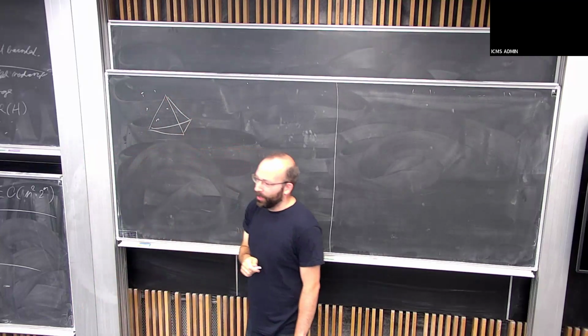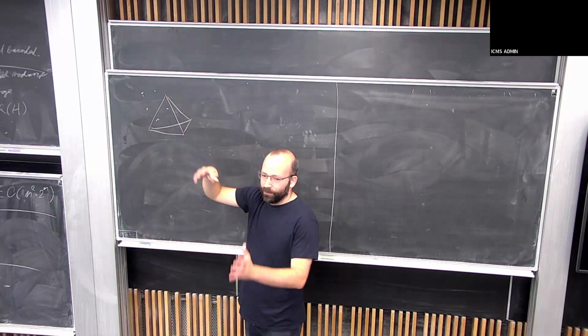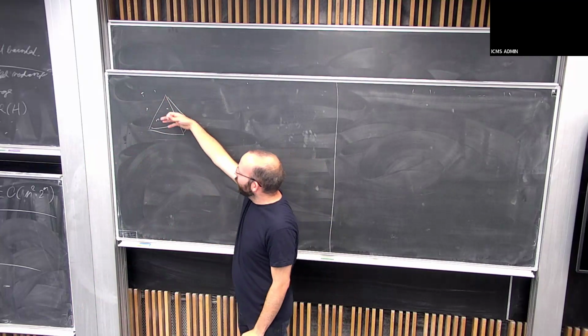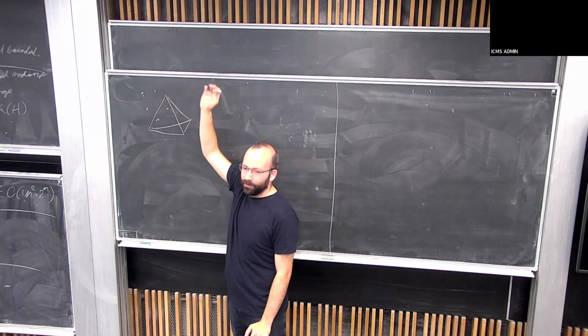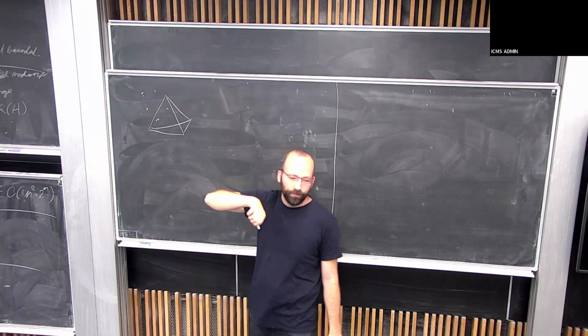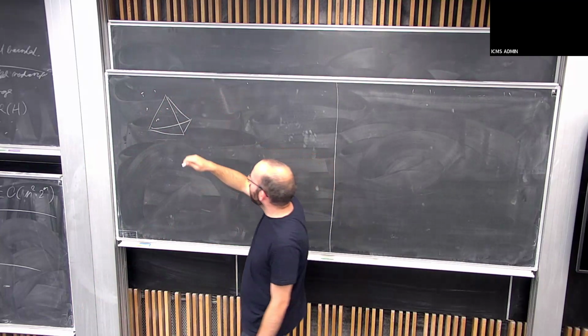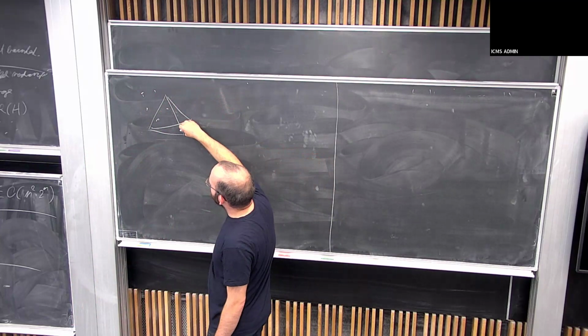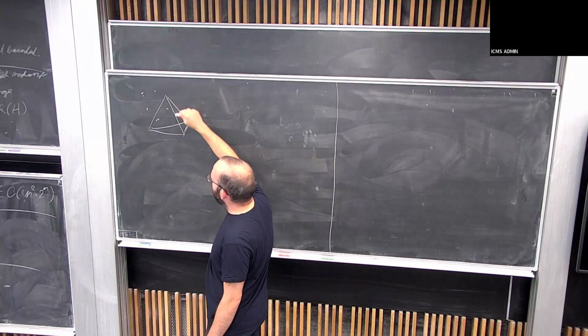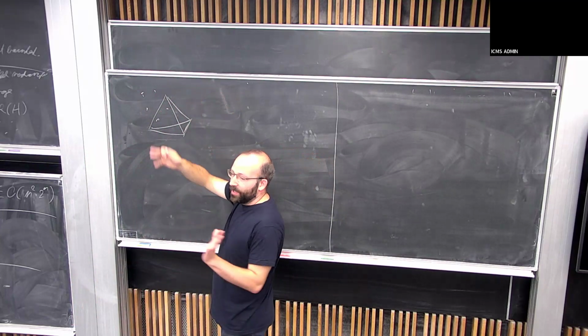So I can take hyperedges that I can separate from the rest using a tetrahedron. And let's say I allow tetrahedrons of any size.